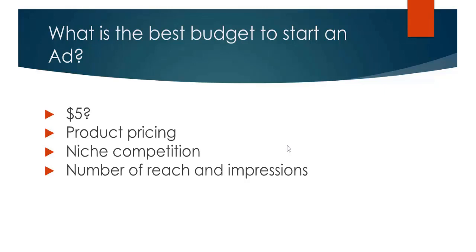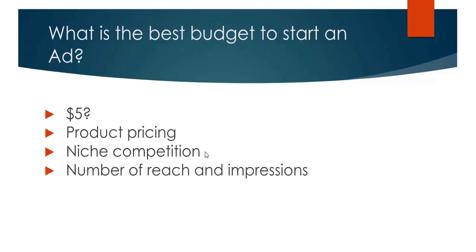If the product cost is like $20, then start your day with a $5 budget. If your product cost is like $50, start your day with $10, and so on. Just go this way. This is my technique, how I use the budget or how I start testing.